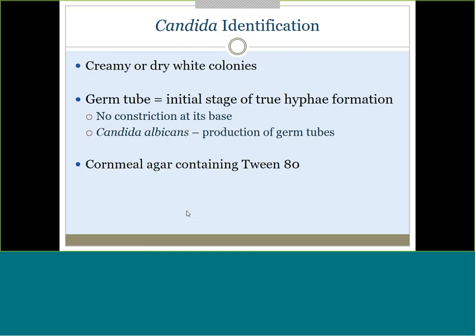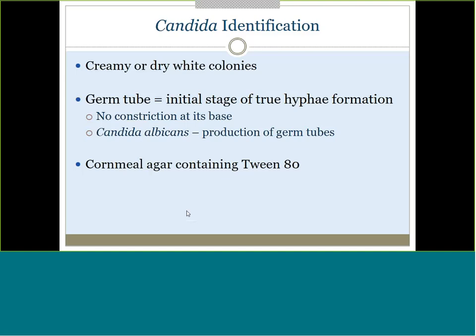The neat thing is with Candida albicans, because that's the most common, one of the ways we can identify it, just because it's so commonly seen in the lab, is through what we call a germ tube test. A germ tube is essentially the first start of hyphae formation. It doesn't have any constriction at the base of it, and Candida albicans is definitely known to produce these little germ tubes.